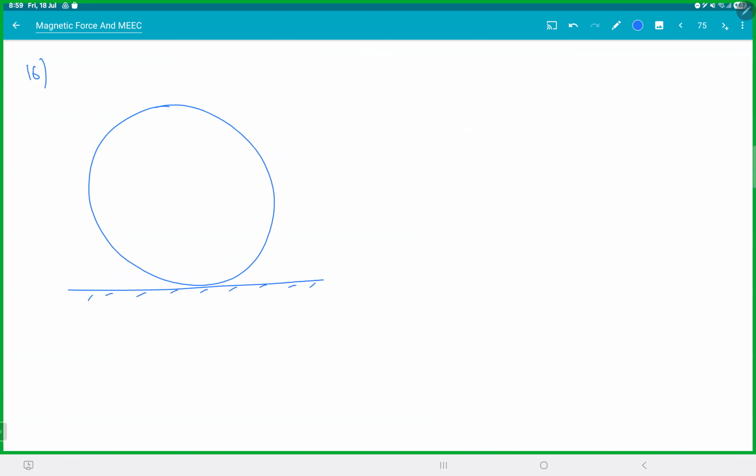Solid sphere, mass M, radius R. The ground is rough, there's no slipping. You kept multiple turns here.